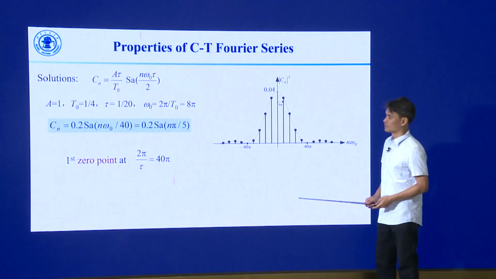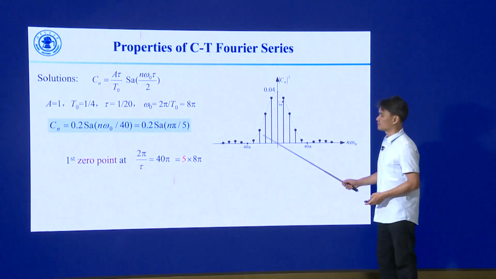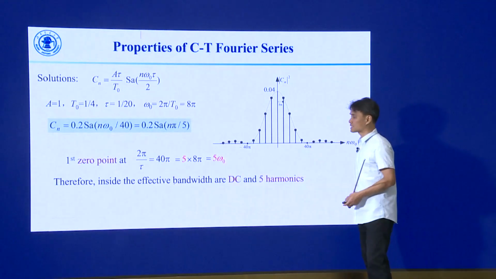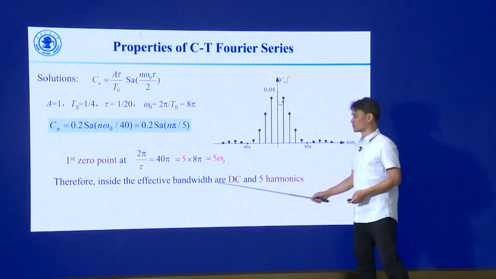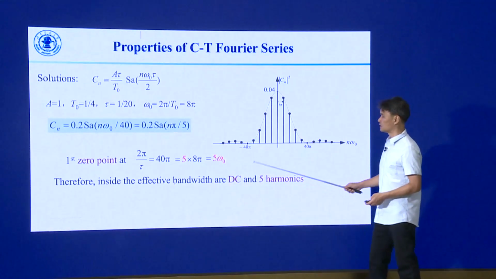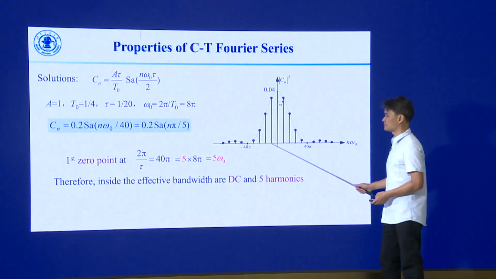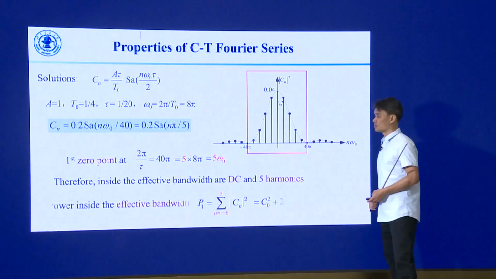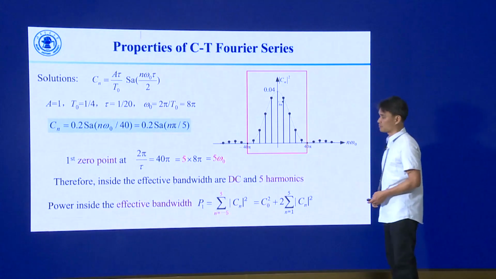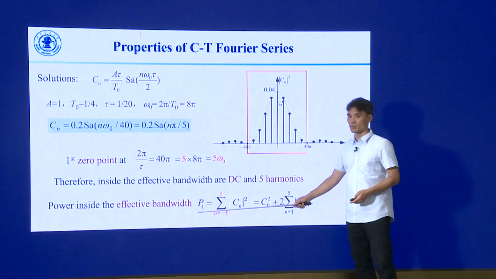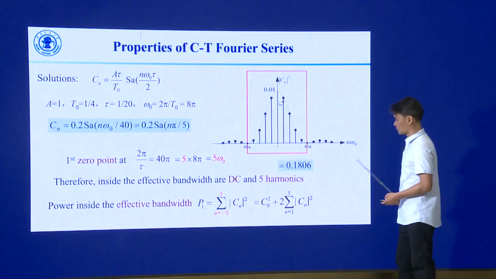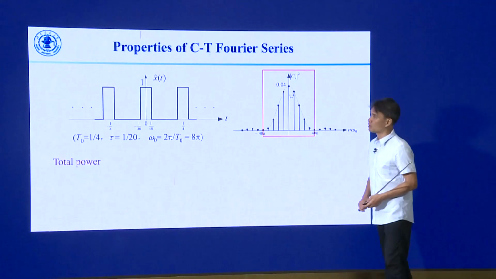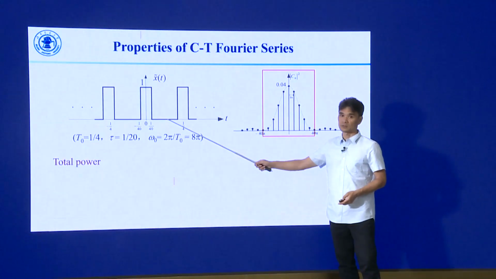What we can figure out is that there will be 5 harmonics. So the power inside the effective bandwidth is the summation of the power of the DC component and the first 5 harmonic components. Based on this observation, we can calculate the power inside the effective bandwidth, which equals 0.18. And what is the total power of the original rectangle signal?